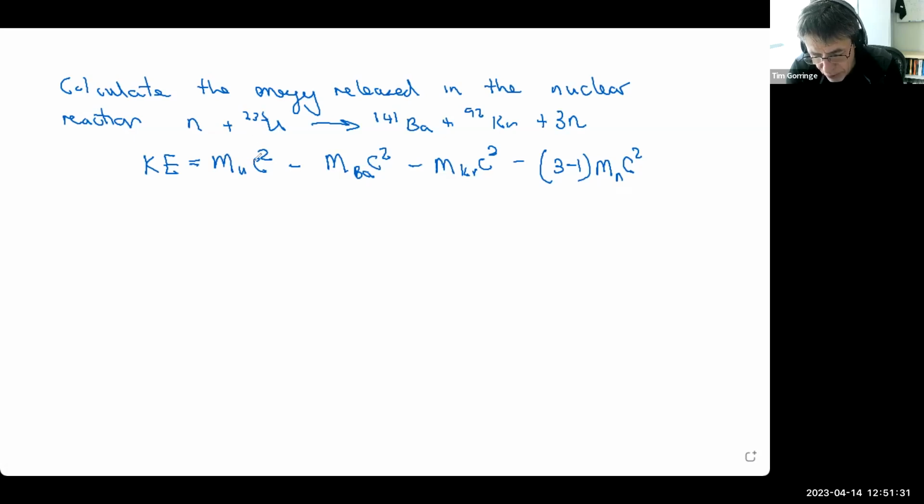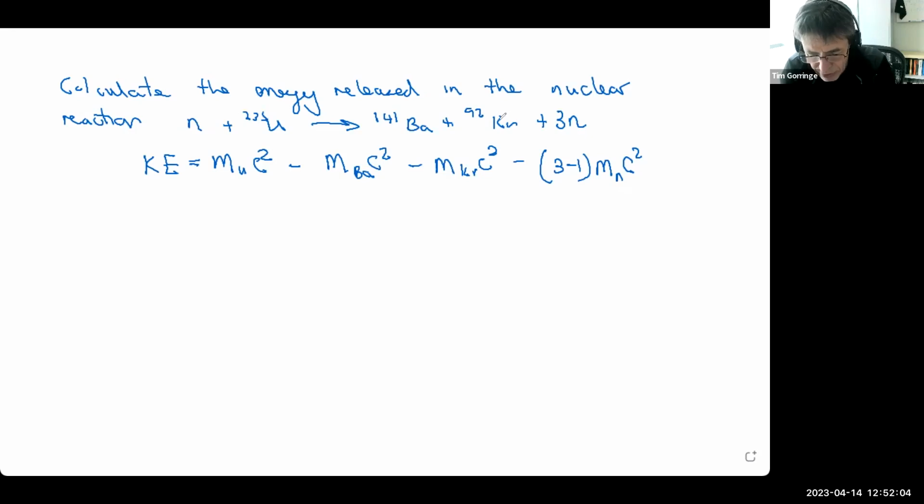So this M_U c squared is the energy equivalent to the mass of uranium. To the daughter nuclei, the barium and the krypton, so there's an M_Ba c squared for the barium's energy that's equivalent to its mass, and an M_Kr c squared for the energy equivalent of the krypton nucleus mass.